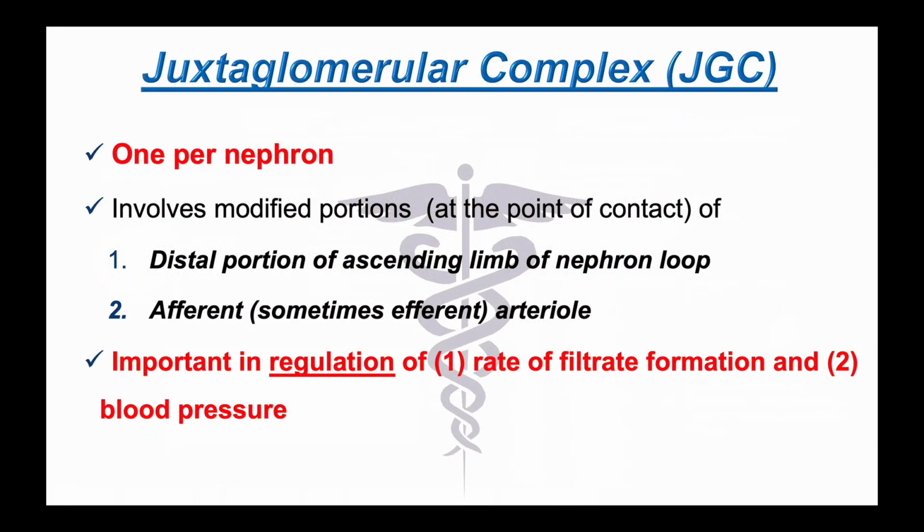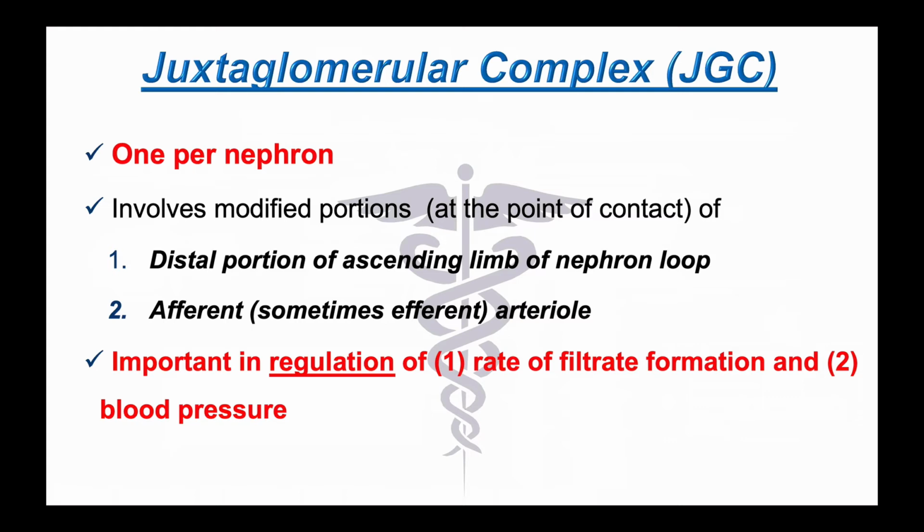So now let us see about the juxtaglomerular apparatus, or juxtaglomerular complex. It is one per nephron, involving modified portions of the distal portion of the ascending limb of the nephron loop and the afferent arteriole, important in regulation of the rate of filtrate formation and blood pressure.